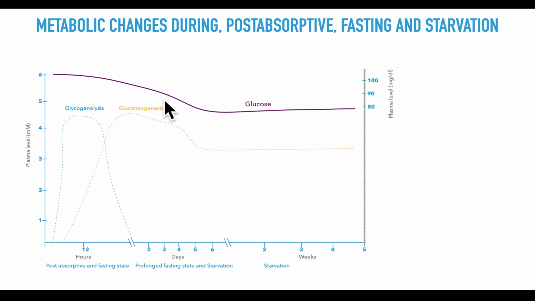As the gluconeogenesis falls to a certain level after 1 week, the blood glucose level also reaches a certain level and continues to be maintained between 70 to 80 milligrams per deciliter. That is the fasting blood glucose range, 70 to 80 milligrams per deciliter.